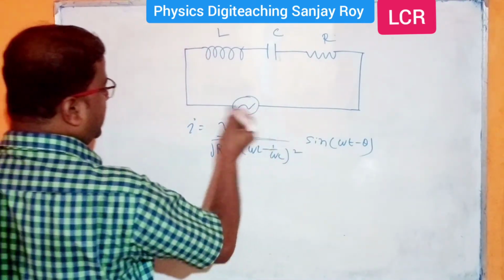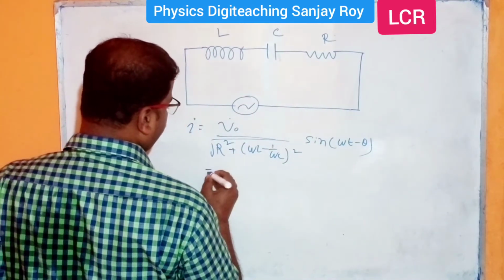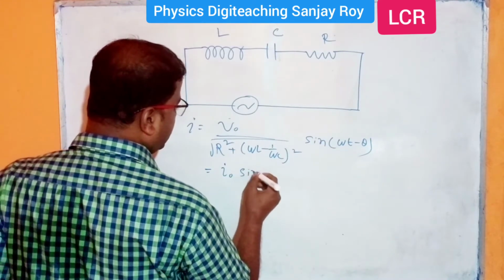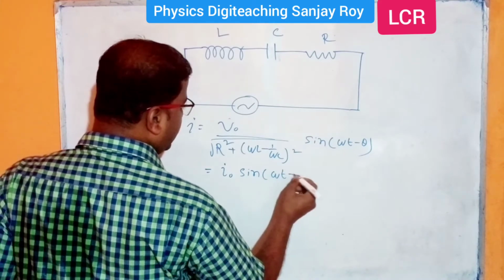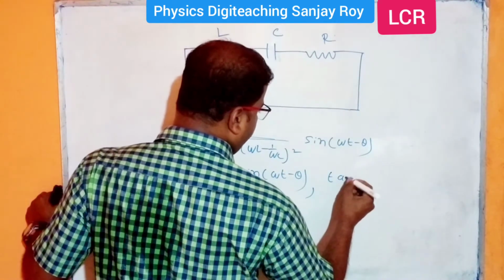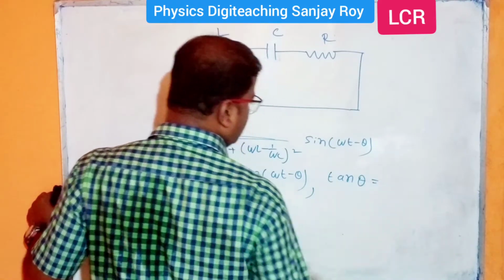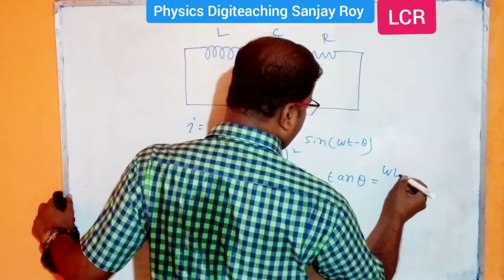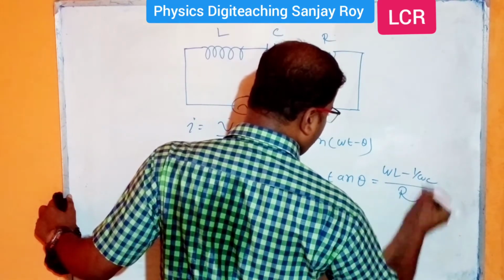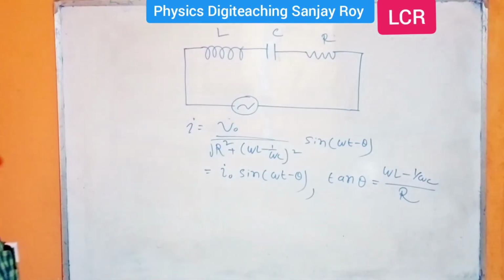This is our peak value of current, I0, the peak value, and this is sin omega t minus theta. Already we defined tan theta equal to omega L minus 1 by omega C divided by R. Okay?